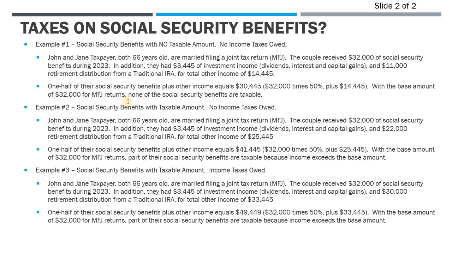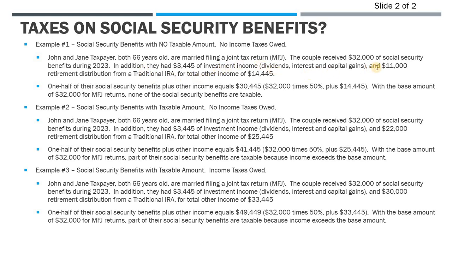So in example 1, what we're going to have is we have Social Security benefits where none of it is taxable, and the taxpayers aren't going to owe any income taxes based on their overall income. So we have John and Jane taxpayer. They're both 66 years old, and they're married filing a joint return.